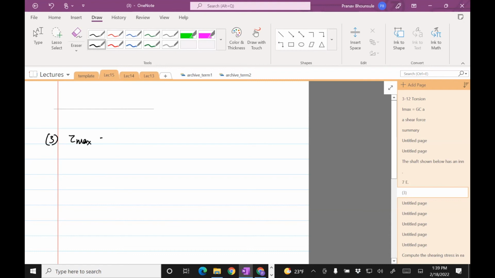So the formula is the same, T times C outer divided by J for shaft AB or CD. So tau max is given as 65 times 10 raised to 6. The torque is 6 kilonewton meter.